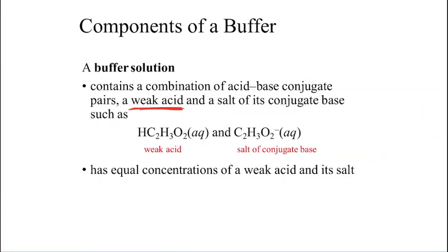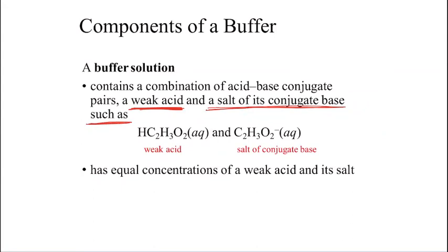And then that weak acid, you're going to add in equal amounts with the salt of its conjugate base. This is why it's important that you know how, if you have a weak acid, to determine the chemical formula of its conjugate base. And what makes it a salt is just pairing it with a metal.